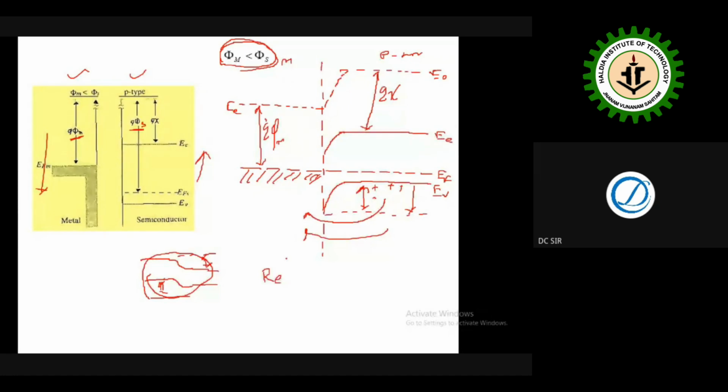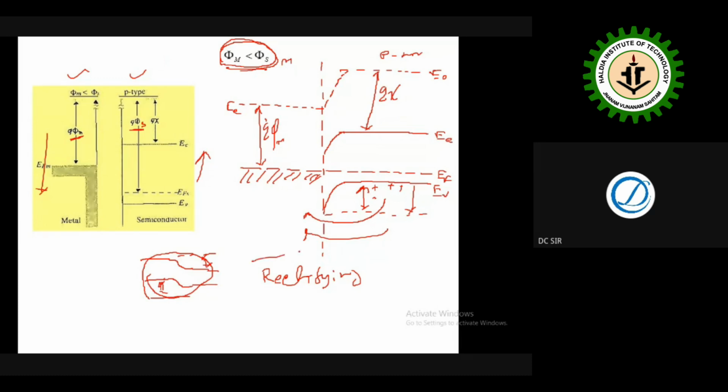This contact is called a rectifying contact. So in the case of phi m less than phi s, a metal with n type behaves as an ohmic contact, and a metal with p type behaves as a rectifying contact.